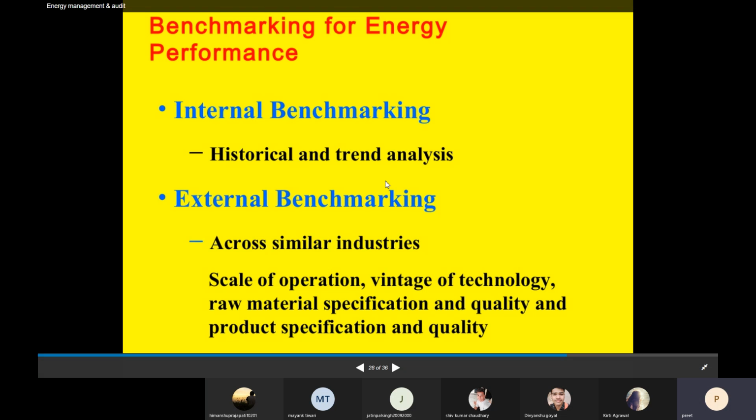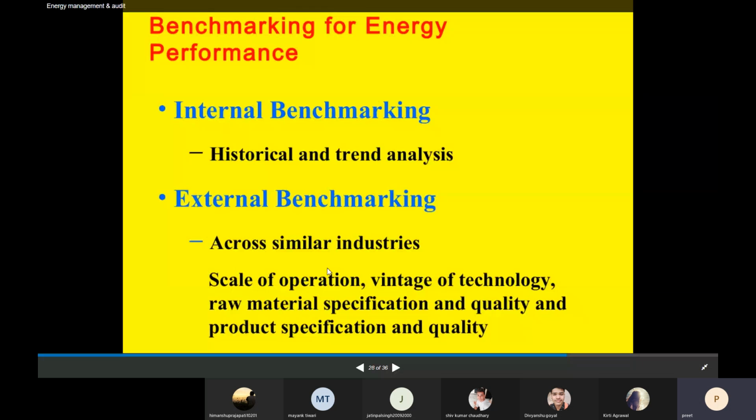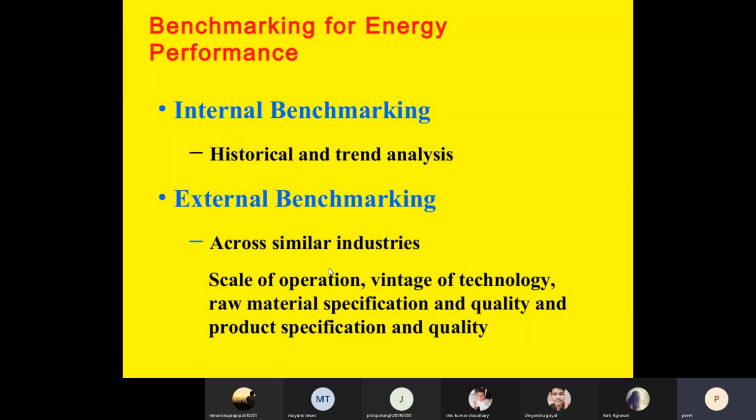Internal benchmarking is done within the industry. You will look out for the trend in that particular industry in its history with the help of historical data. But in external benchmarking, you will compare with similar kinds of industry. Like if you are doing it for a paper industry, then you will compare that particular paper industry with two different paper industries, and after comparison you can suggest: okay, you are consuming 10 kilowatt hour energy, and these are consuming some 8 kilowatt hour or 7 kilowatt hour energy.